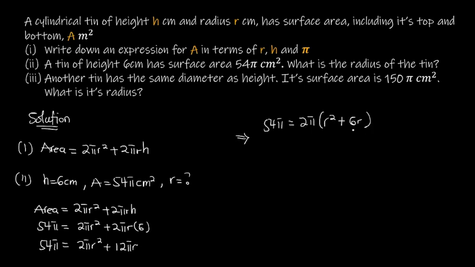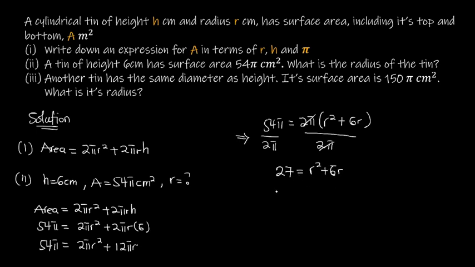Okay, so if I expand this bracket, 2 pi multiplied by r squared will give me 2 pi r squared. 2 pi multiplied by 6r will give me 12 pi r. Okay, so from here I can divide both sides by 2 pi. So 54 pi divided by 2 pi. Pi will cancel pi. 54 divided by 2 will give me 27, which is now equal to r squared plus 6r.